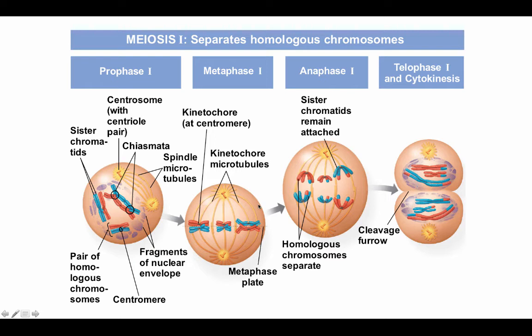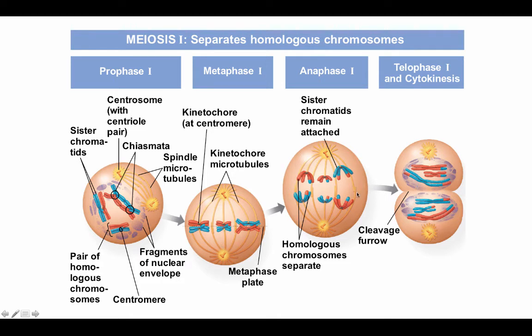During metaphase 1, rather than all of the chromosomes lining up on this metaphase plate, this equator between the 2 spindle poles, the pairs of homologs are going to line up together. So both of the 2 homologous chromosomes are going to line up next to each other, attached to these kinetochore microtubules. One from each pole is going to attach to one of the 2 homologs.